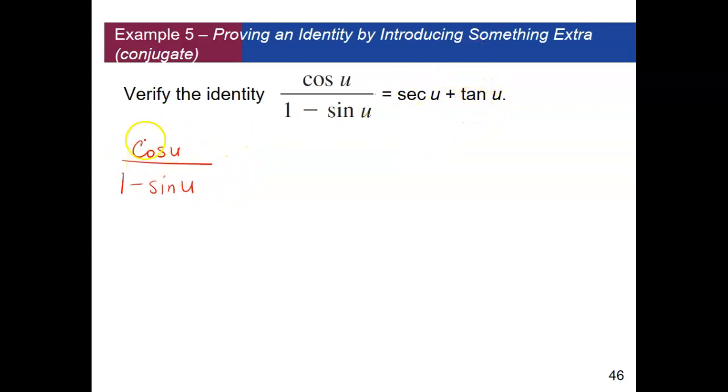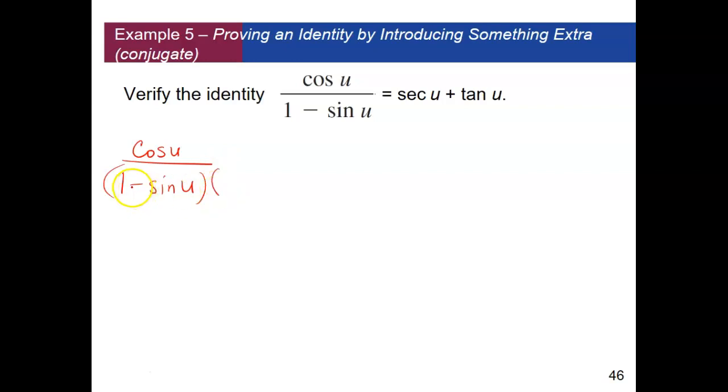Okay, so if I'm starting with this, like I said, I'm going to use the conjugate. If you remember, the conjugate is going to be the same expression but with an opposite sign. So we're going to use the conjugate of this denominator. You can do the conjugate of the numerator sometimes, or the conjugate of the denominator. It just depends on which you need to do. In this case, it's going to be the denominator.